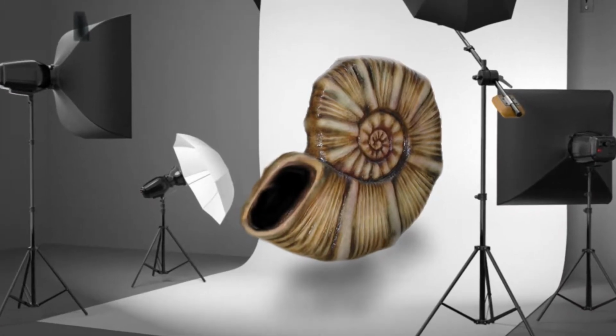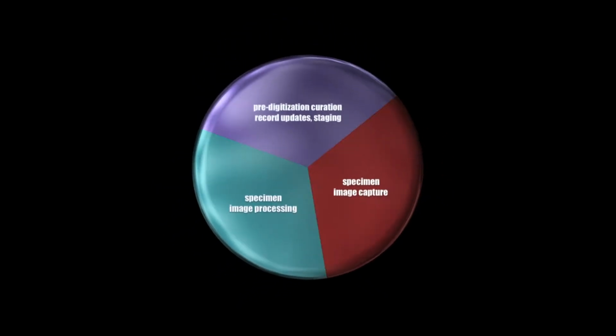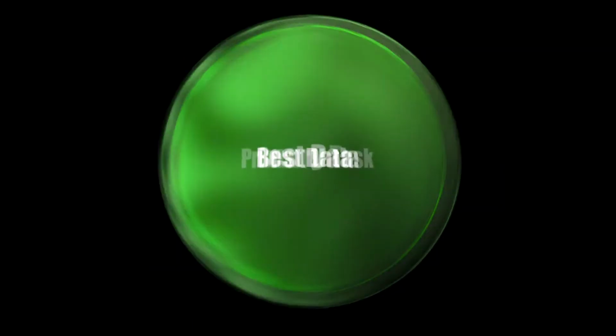The primary task clusters are the pre-digitization specimen curation, specimen record updates and staging, specimen image capture, and specimen image processing. All three clusters together reveal the primary task, and that is best data.